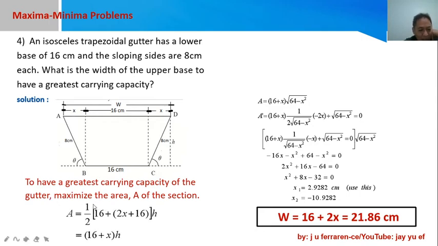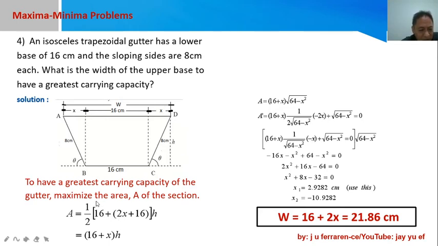1/2 multiplied by 16 plus W, and W is equal to 2x plus 16. Okay, are you following? So all of this is multiplied by h. Now, if we simplify, we have 2x plus 32.